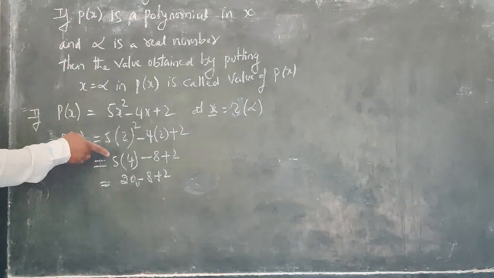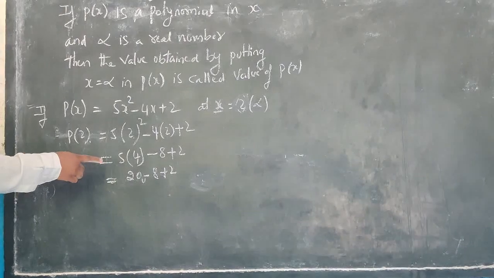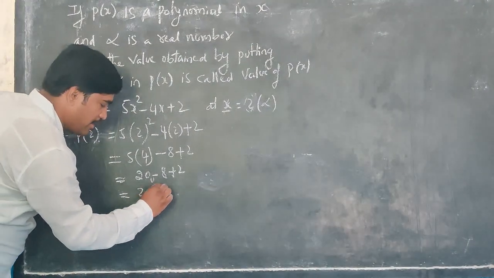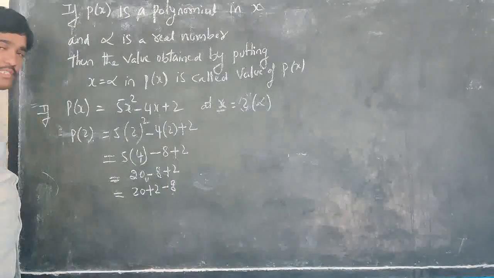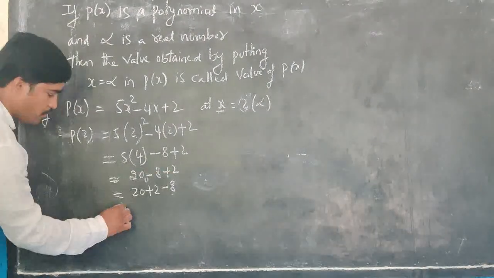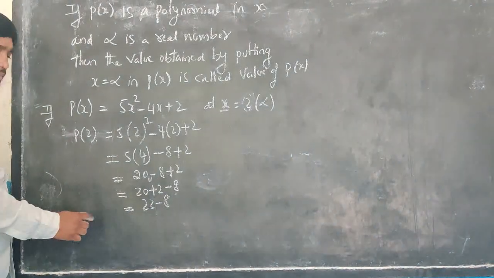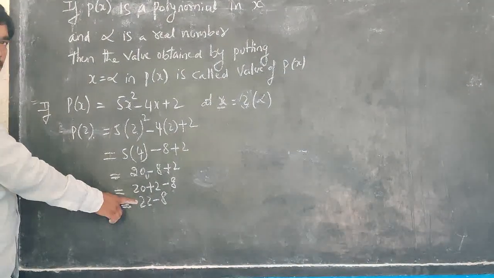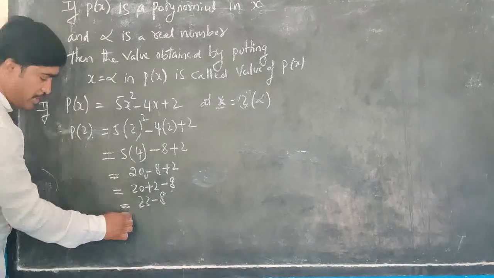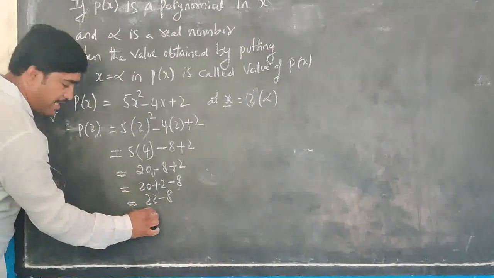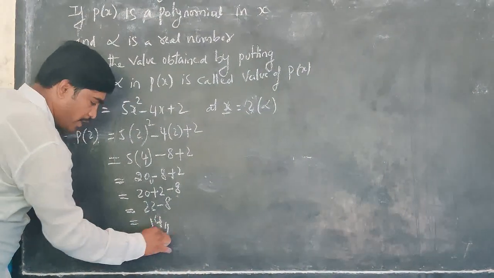If you observe here, there are some positive terms as well as negative terms. First write the positive terms together and separate the negative terms aside. Now 20 plus 2 is 22, and I will write the minus term. Here only one positive term and one negative term is present, so I can easily subtract. Now 22 minus 8 is 14.